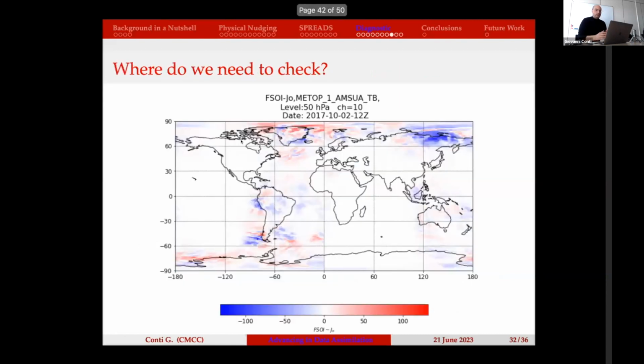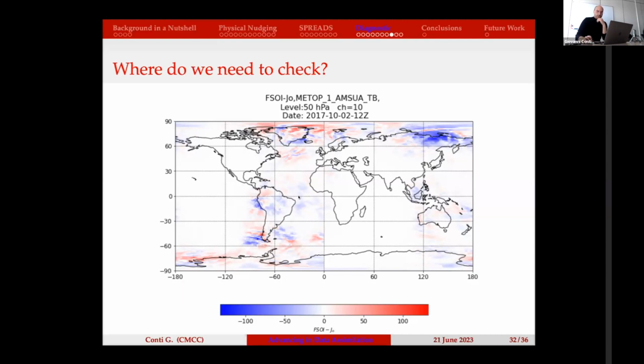And then we can also look at maps, for example, in which we can see slices of the SWOT, in this case of a particular satellite at 50 hectopascal, channel 10 for AMSU of the platform Metop-1.